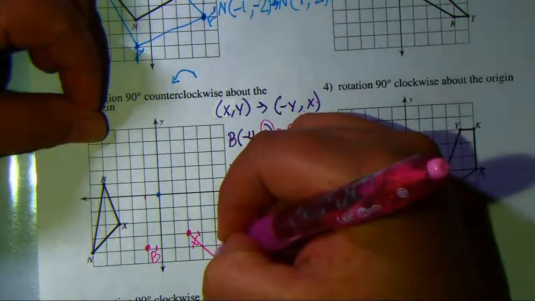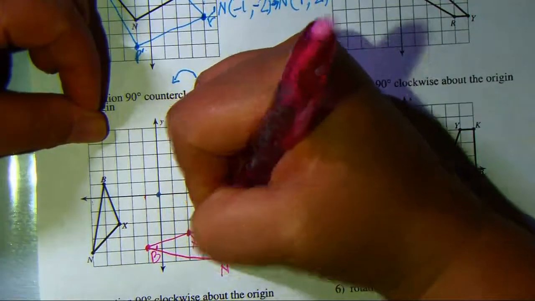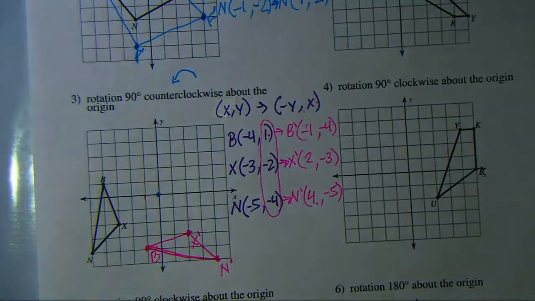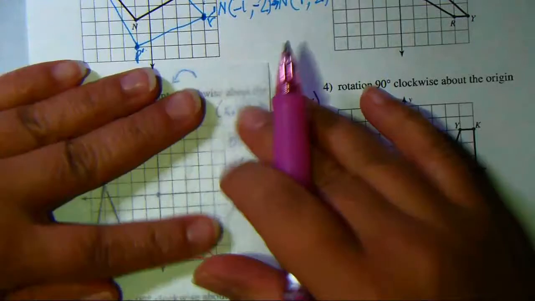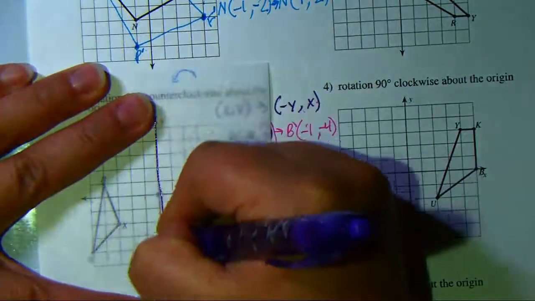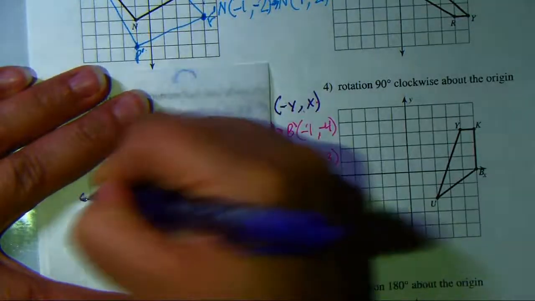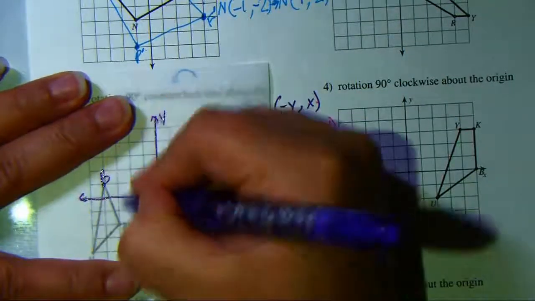So now when I connect my triangle here, okay, now you're like, well, Miss Kate, that doesn't look like it's been rotated 90 degrees. I encourage you to test it out. Here is my x and my y axis. Here's b.